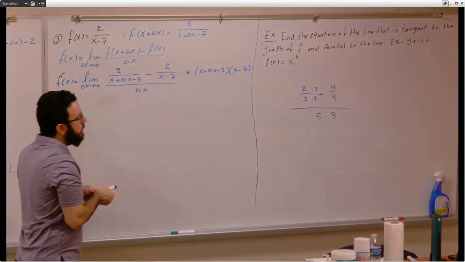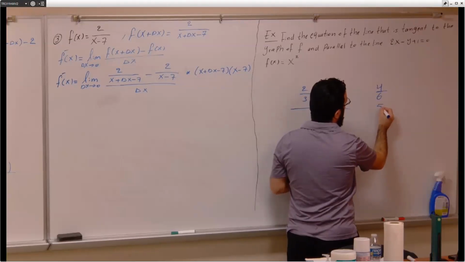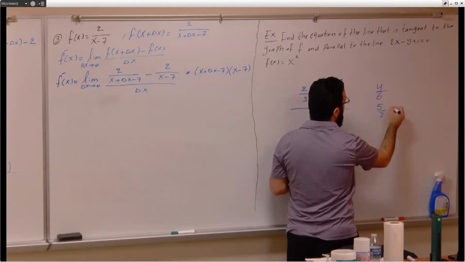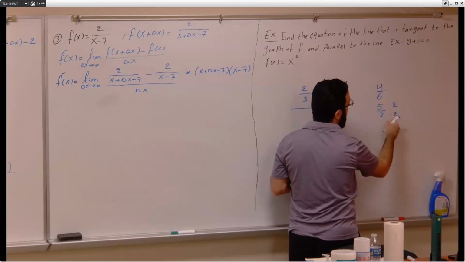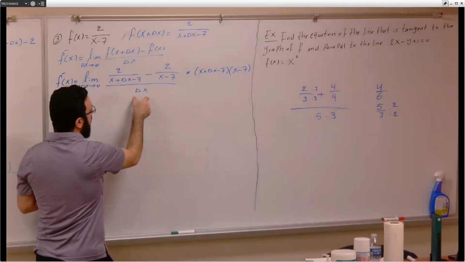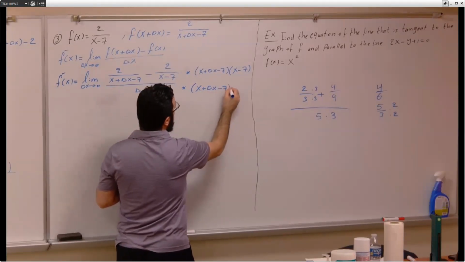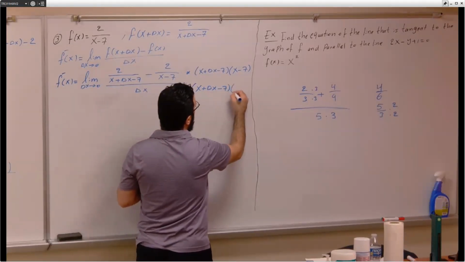When you have a fraction, 4 over 6, let's say 5 over 3, when you multiply anything on the top by 2, you have to multiply everything on the bottom by the same number. So the same thing here. If I multiply everything here on the top by a number, I have to multiply everything on the bottom by the same number. So this one also gets multiplied by x plus delta x minus 7 and x minus 7.